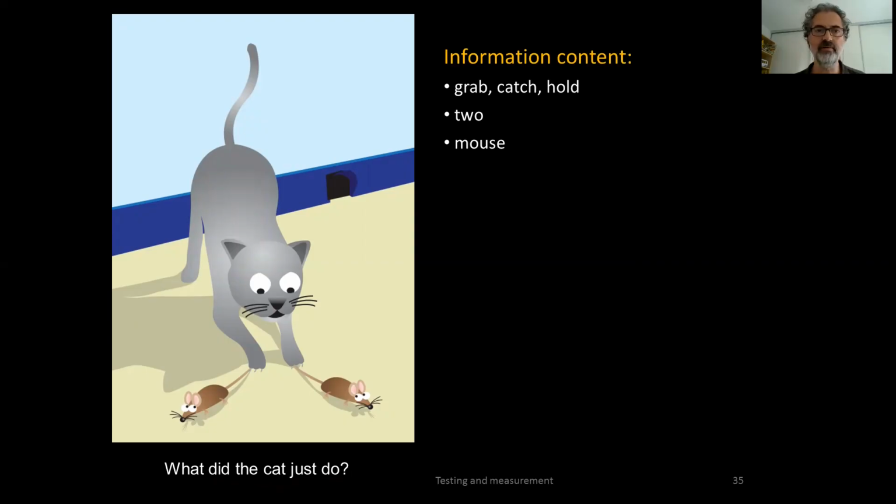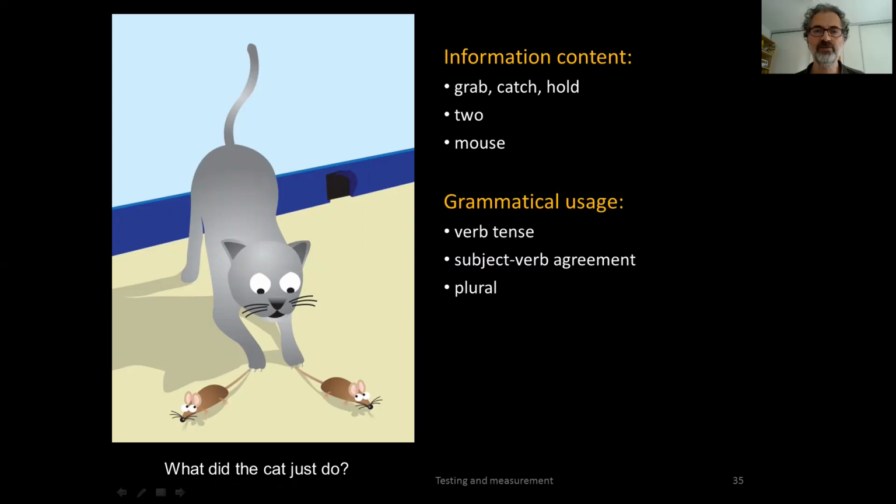So a relevant verb, the number 2, the word mouse, and you score separately for proper grammar. So using the correct verb, that it's in the past, correct subject-verb agreement in the sentence, use of the plural, these are also scored, and they're scored separately. So the child gets an information content and a grammar score.